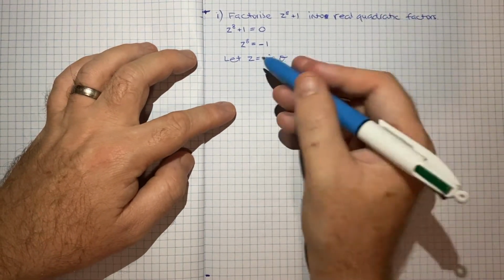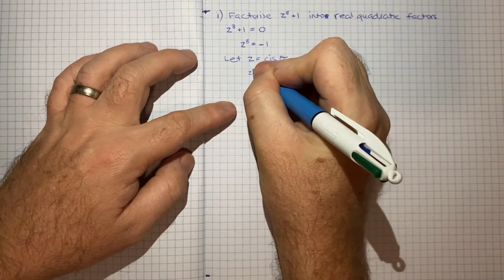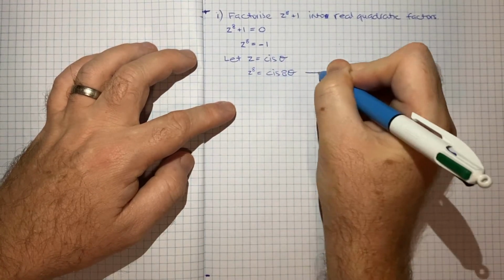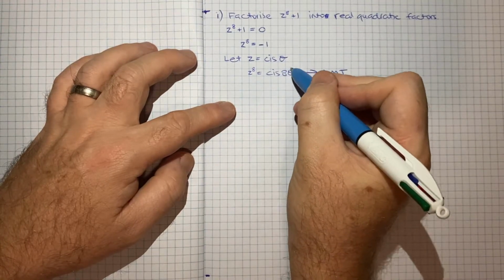So if that's how we're going to define z, then we can say z to the 8 is equal to cis of 8 theta, and that's using de Moivre's theorem, where you can bring the power into the argument.